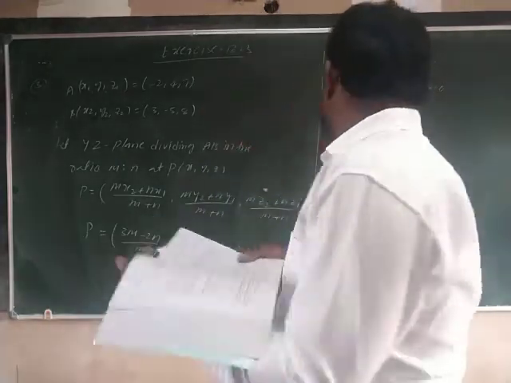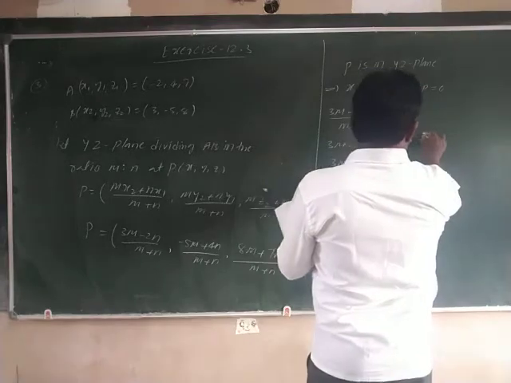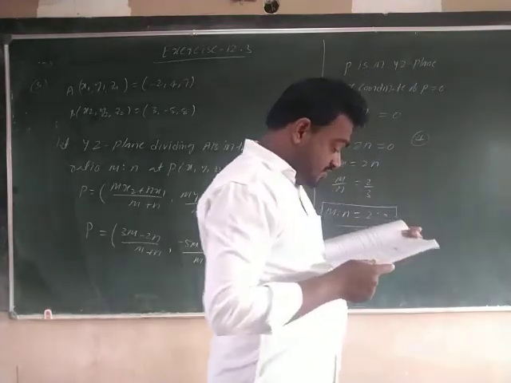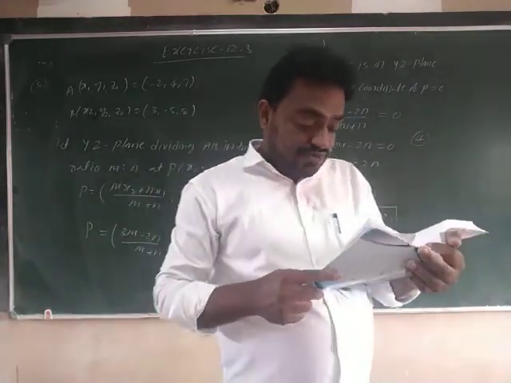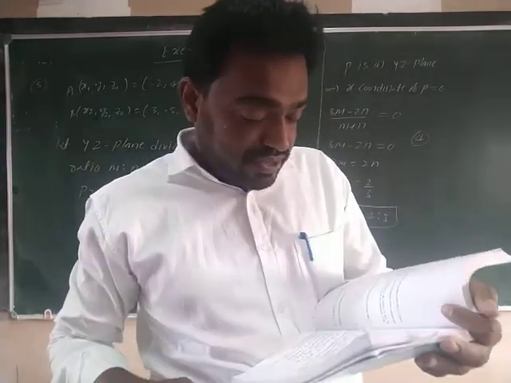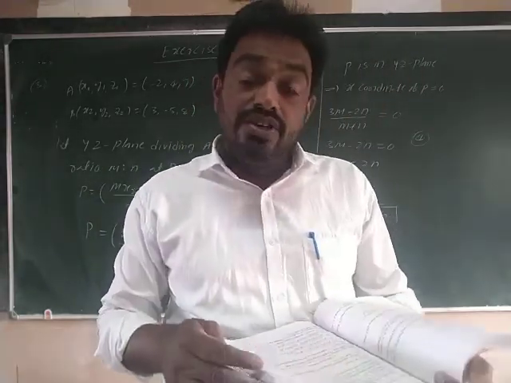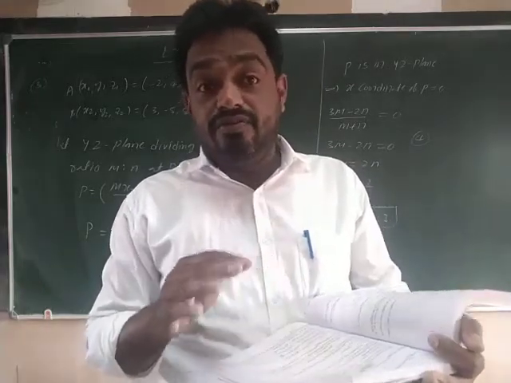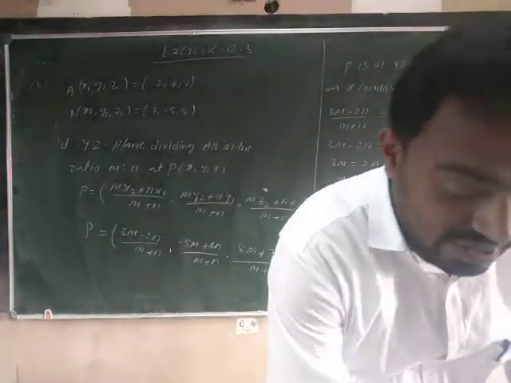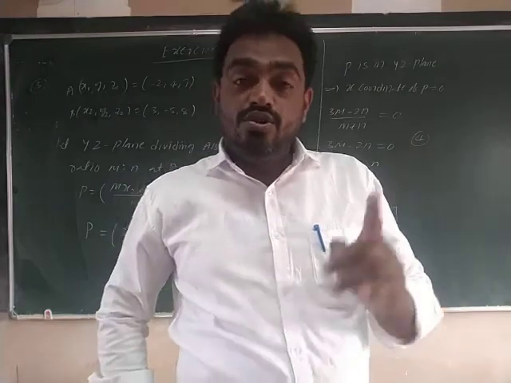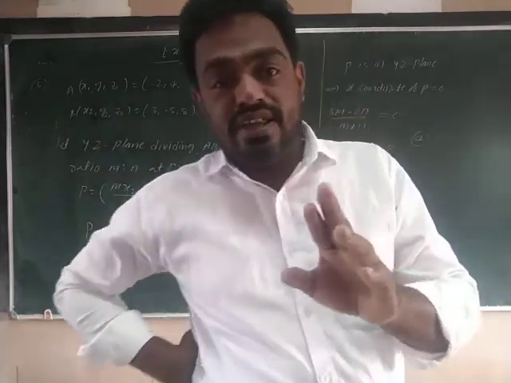Next, the fourth question of the exercise. Using the section formula, show that the points are collinear. So what are we doing here? To show collinearity, how many methods do we have? Two methods. The first one is the distance formula.